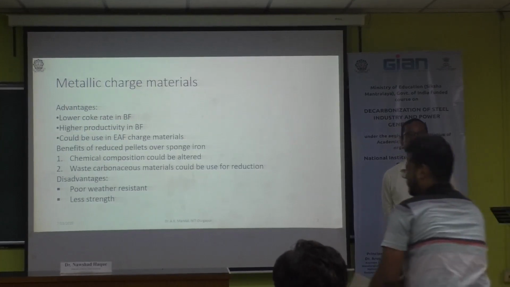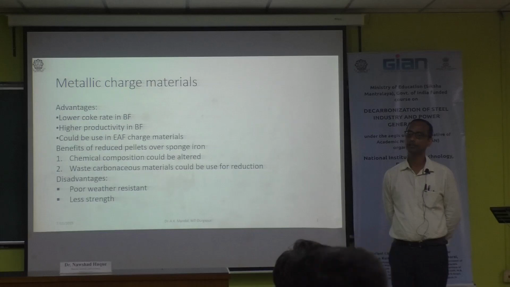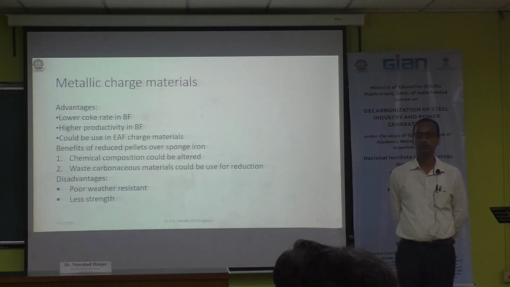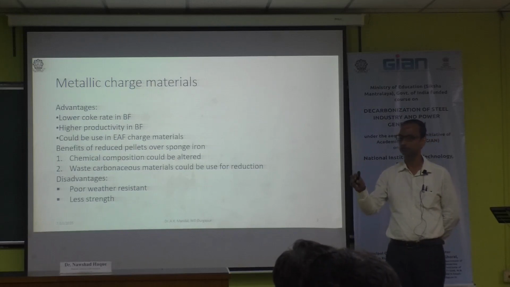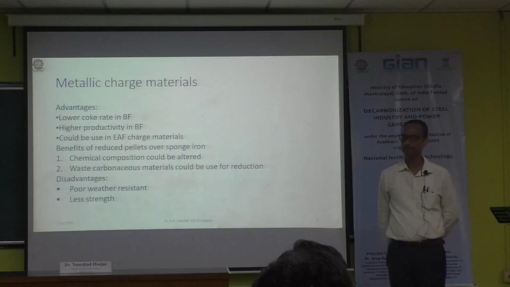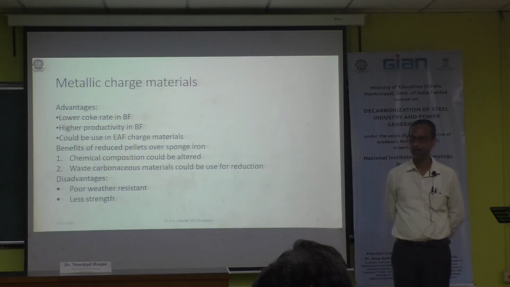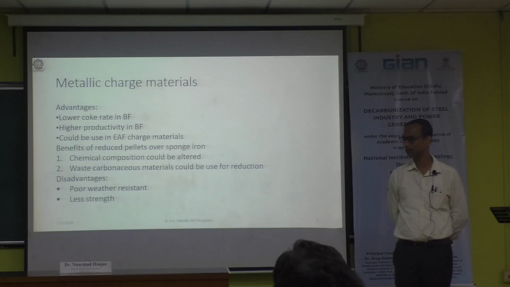Suppose it requires some amount of money. So if you use pellet, you can introduce some basic oxides also you can incorporate in case of in pellets. Okay. So pellets composition you can alter because it is called the tailor-made product.